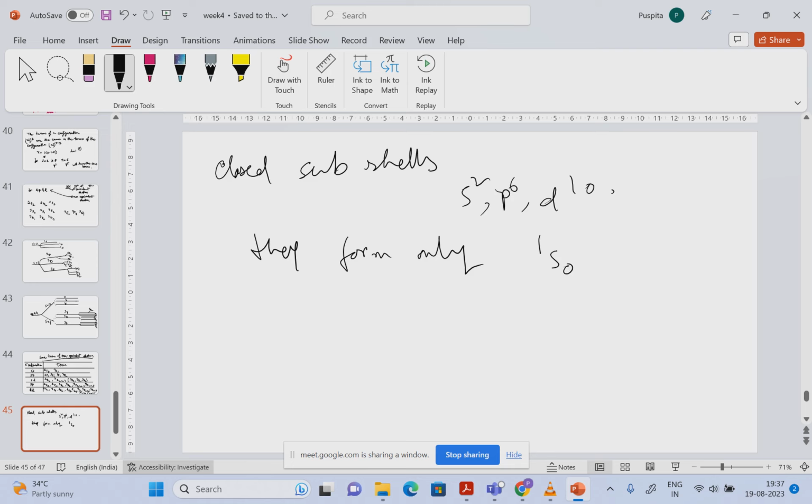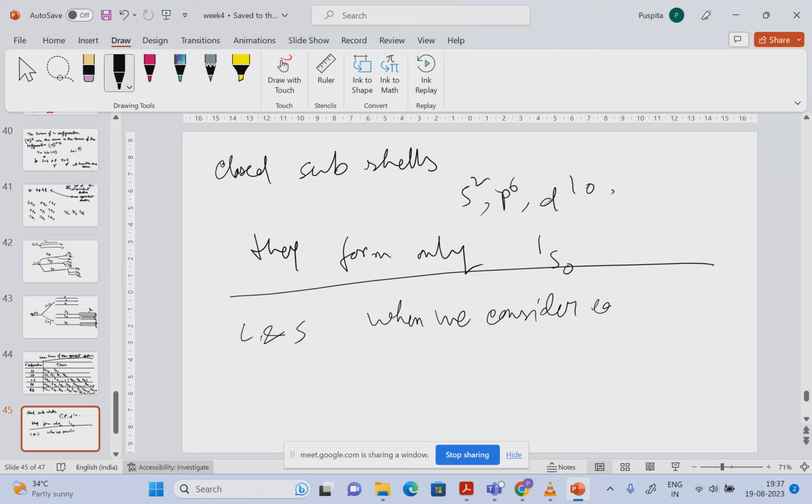Okay. When we consider non-equivalent electrons, here we are only considering L and S. But when we consider equivalent electrons, we consider MS and ML also.